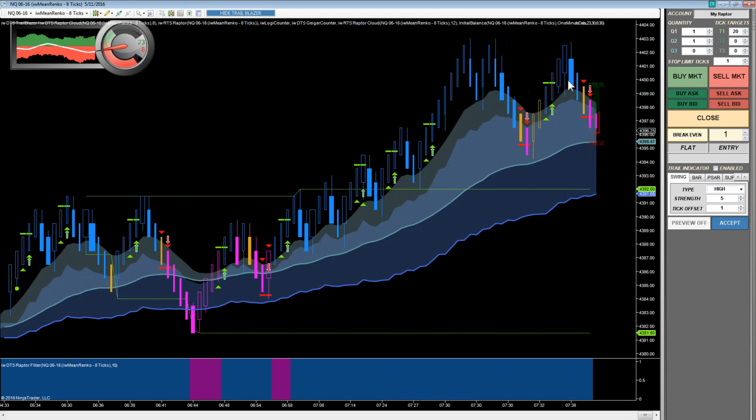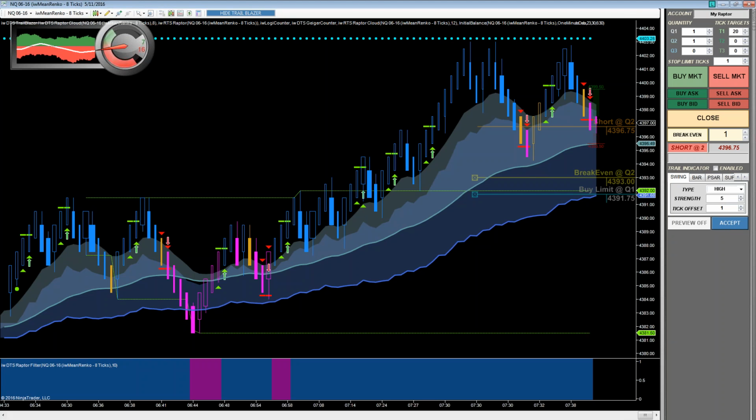All right, the Raptor giving me a soft edge sell signal right here. Now I'm going to punch into this one. I'm a little bit late on the signal. Let me get back to the swing trade. There we go. Soft edge sell occurs when we've retested the highs and then we're getting a failure signal.